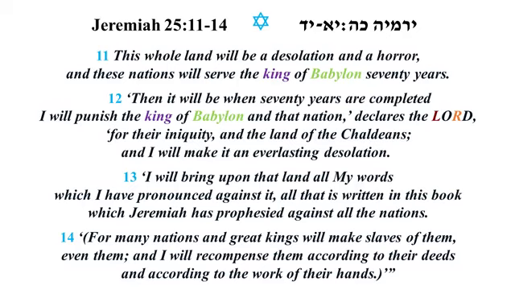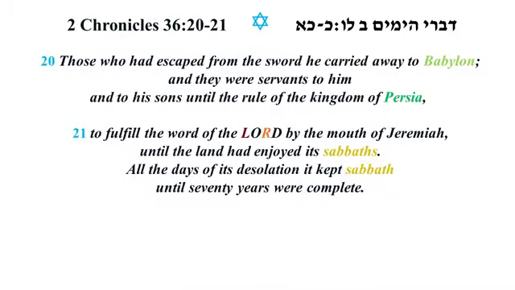Verse 20 of 2 Chronicles 36. It says, those who had escaped from the sword he carried away to Babylon, and they were servants to him and to his servants until the rule of the kingdom of Persia, to fulfill the word of Yahweh by the mouth of Jeremiah, until the land had enjoyed its Sabbaths, all the days of its desolation it kept Sabbath, until 70 years were complete.